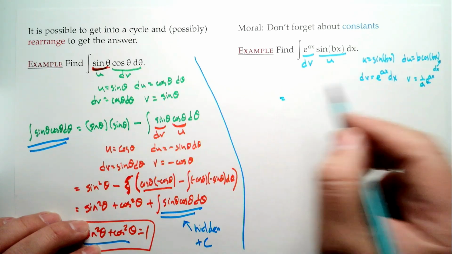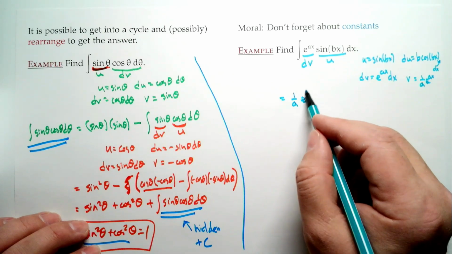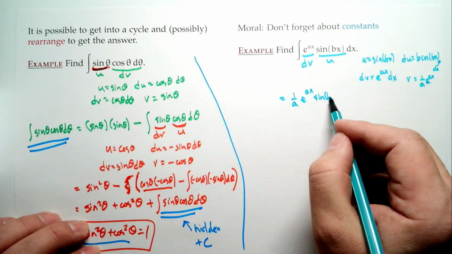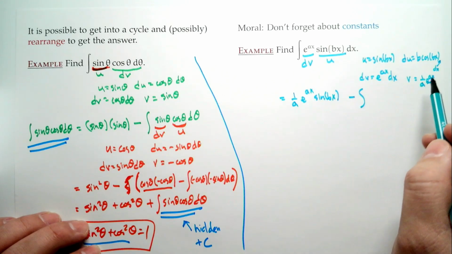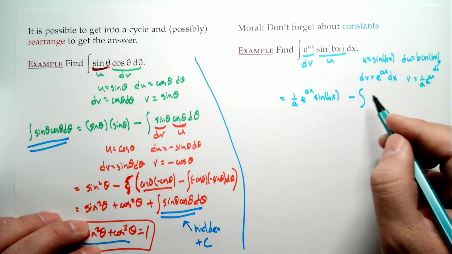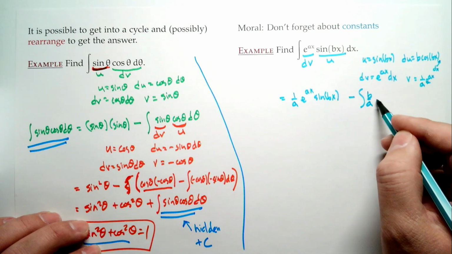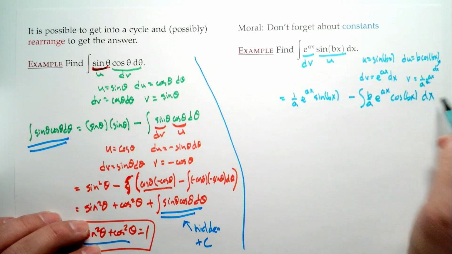So this is equal to uv. So that's 1 over a e to the ax sine of bx minus the integral of v du. Notice I have a b and a 1 over a. So I can write b over a, e to the ax cosine of bx.